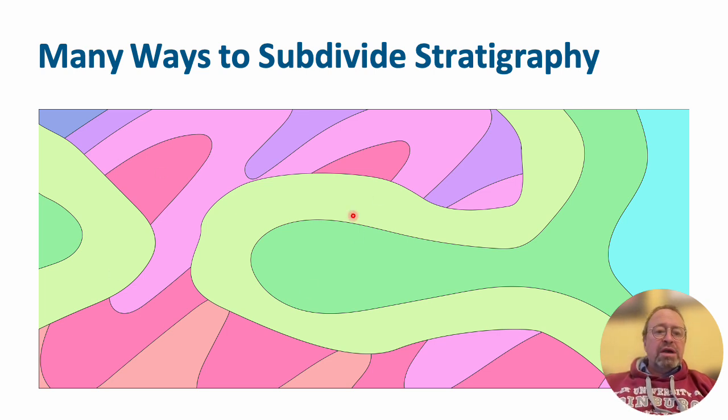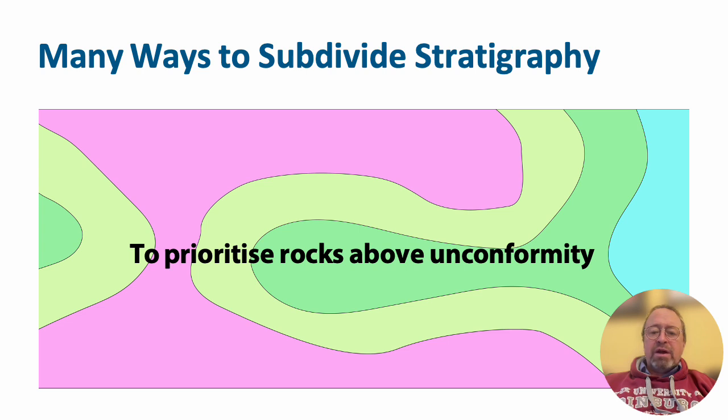So this is an example map. You might make your geological map, say, to emphasize the rocks above the unconformity. Maybe you're doing a project that is looking at these younger sequences that are sitting above a deformed set of rocks here, so you don't care too much about those. You can just lump them all together.